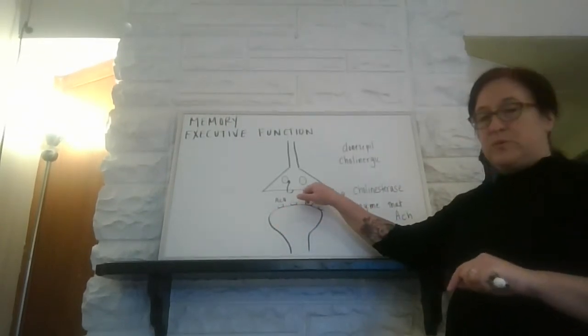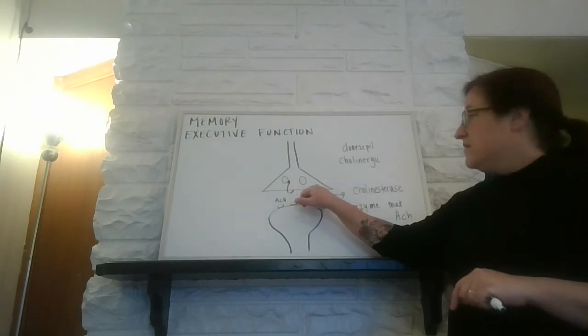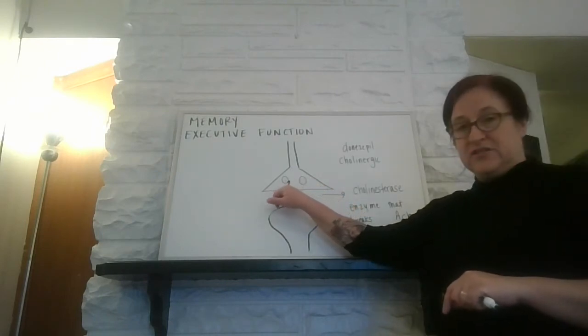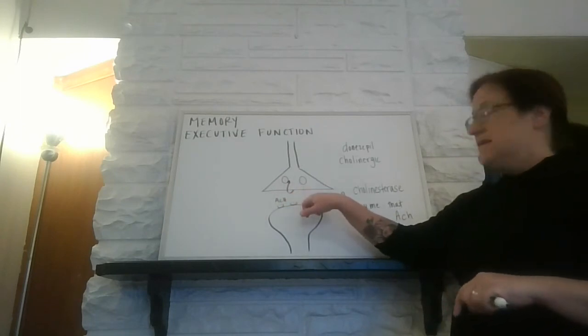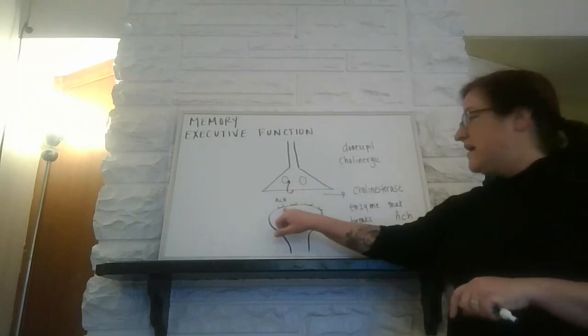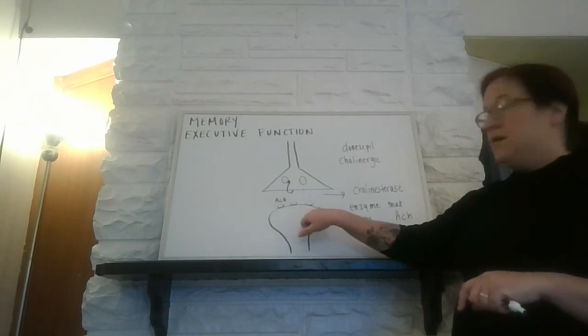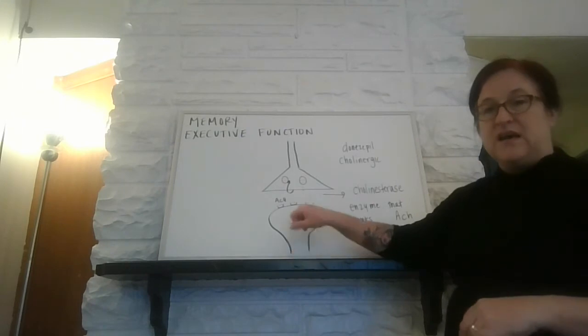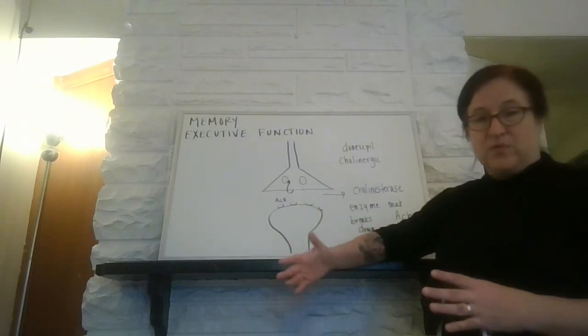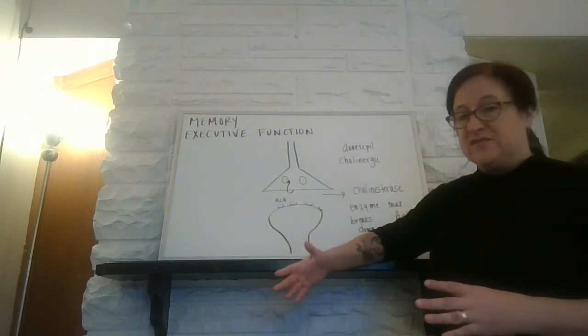So here's the presynaptic neuron, acetylcholine packaged inside the nerve. And acetylcholine will be released into the synapse to interact with receptors, which will be cholinergic receptors on the next nerve, to help lay down memory or to help with some of these higher level functions.